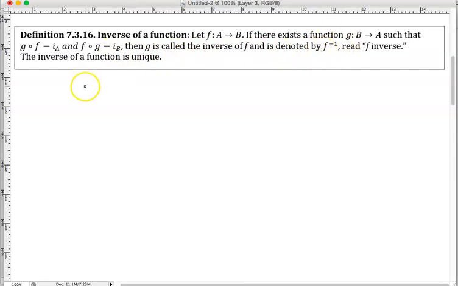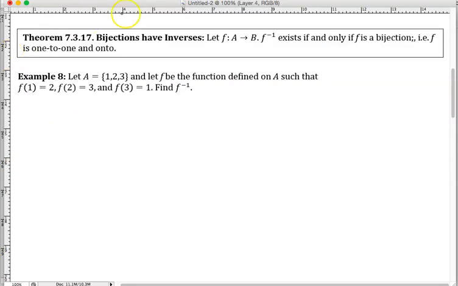The inverse of a function is unique. If I compose g with f, I get back to the inputs in A, and if I compose f with g, I get back to the inputs in B, then f reverses g, g reverses f, and they're called inverses of each other.